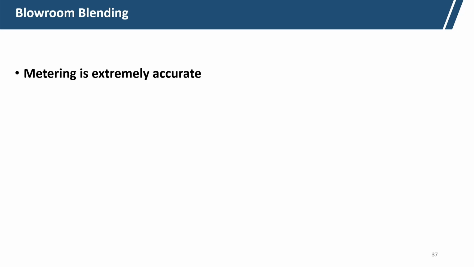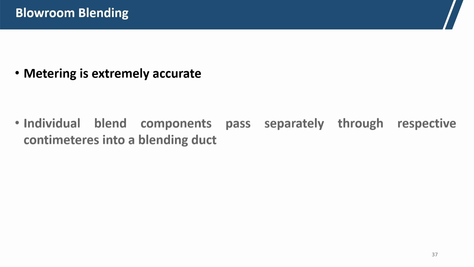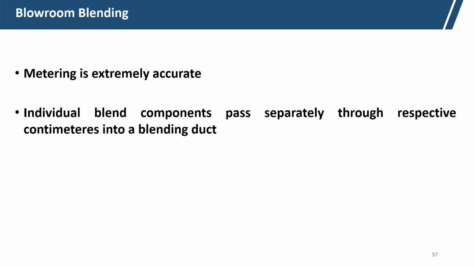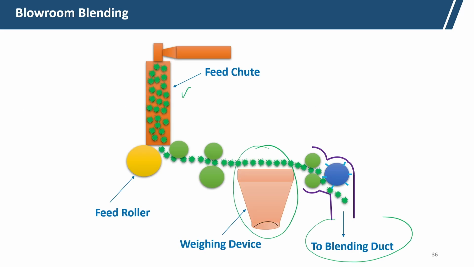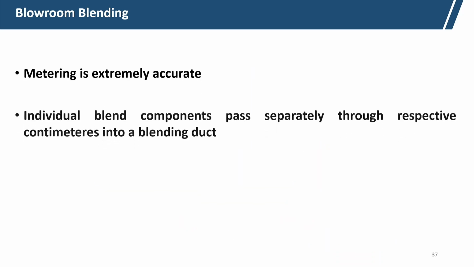Metering is extremely accurate in this method. Individual blend components pass separately through their respective contimeters; separate contimeters are there for each individual fiber.